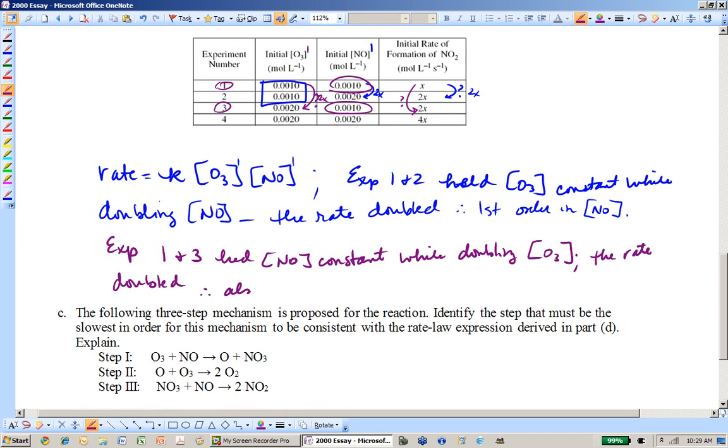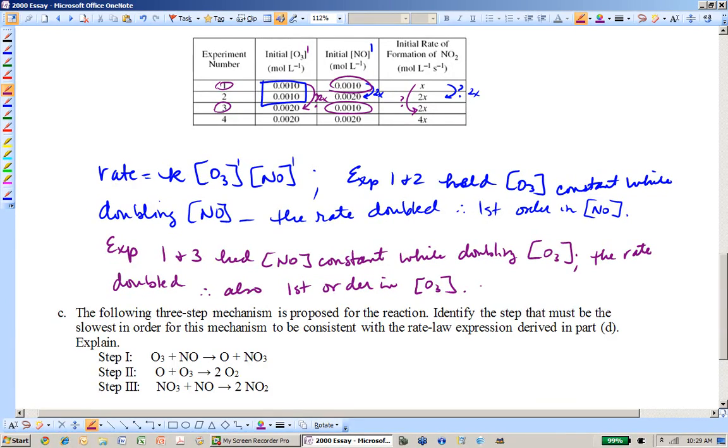Therefore, also first order in ozone. Okay, so that's where I got those exponents.